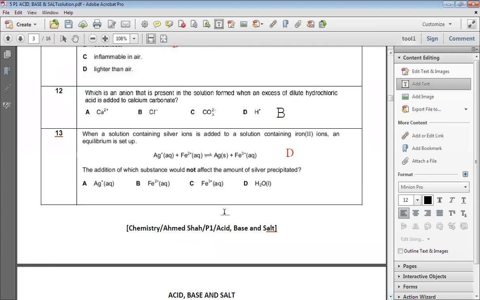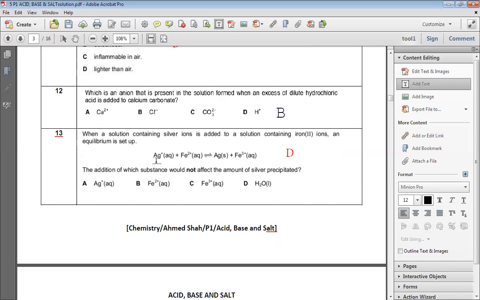Question number 13 is related to salt analysis and acid-base nature. A solution containing silver ions is added to a solution containing iron 2 ions, and equilibrium is set up. Aqueous silver ion and aqueous iron 2 ion produce solid silver, and iron changes into iron 3 ions. It is also a redox reaction. Silver ion accepts electrons, iron 2 ion loses its electron and changes into iron 3 ion.